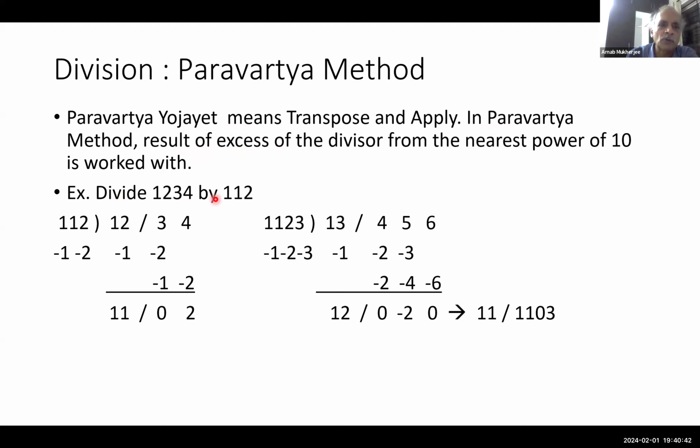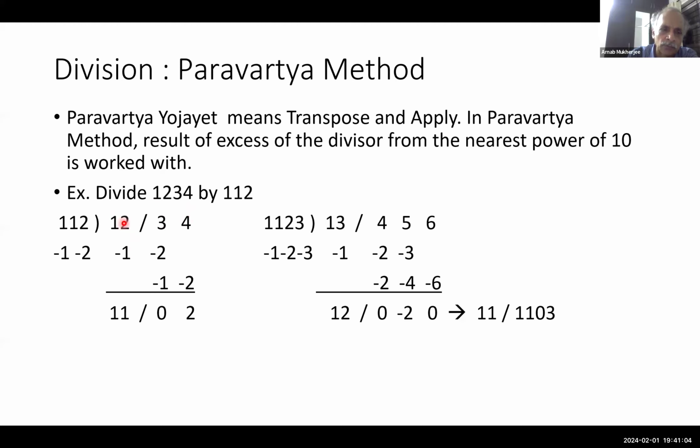Divide 1234 by 112. Again, the nearest power of 10 is 100, which has 2 zeros, so with 2 digits we put a slash.